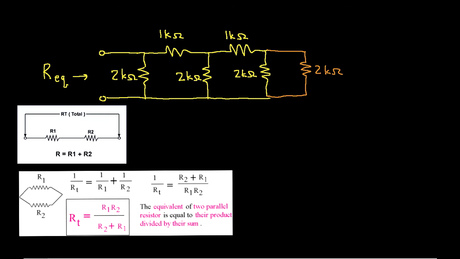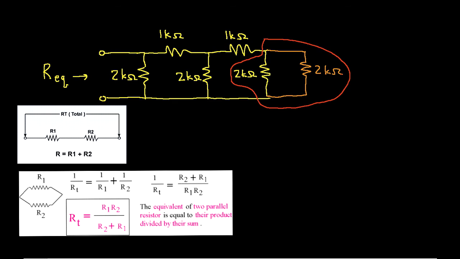Okay, so the next thing I want to do is again find either a series or parallel combination of resistors that I can come up with an equivalent resistor. And the only thing that is there is the combination of these two resistors.